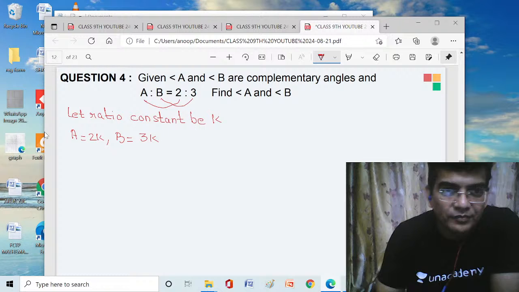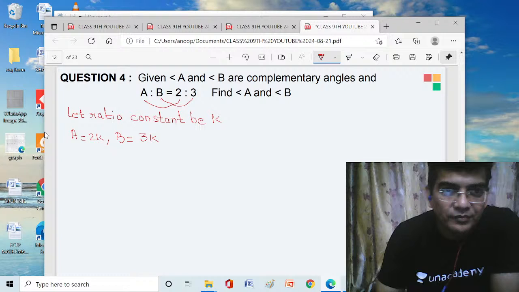So angle A has been taken as 2k. So value of k over here is 18. So you will say it is equal to 36, right? Angle B is equal to 3k.